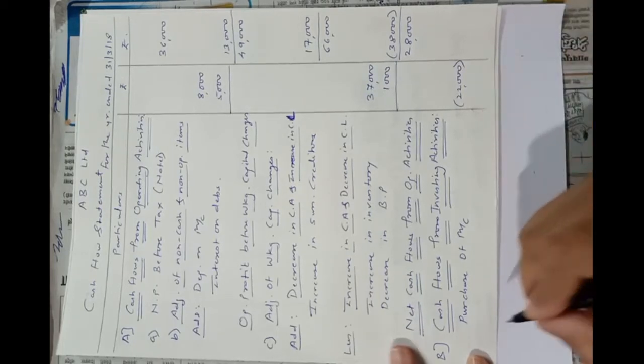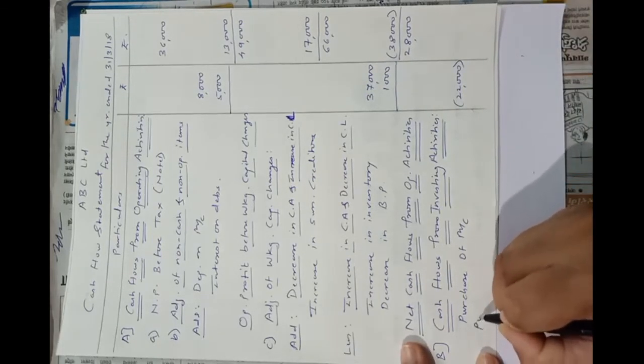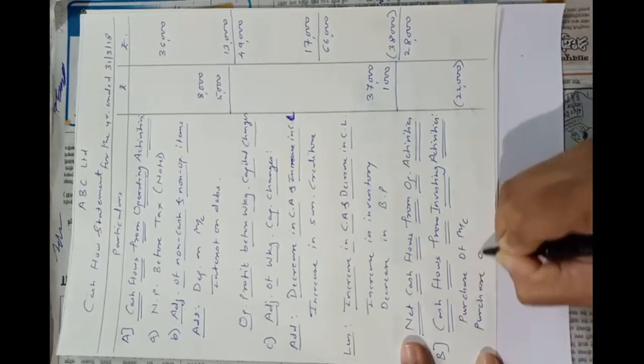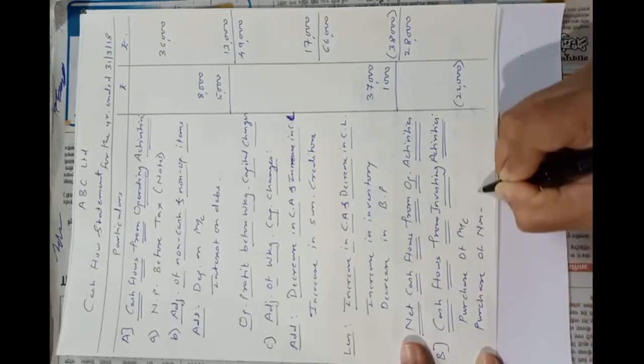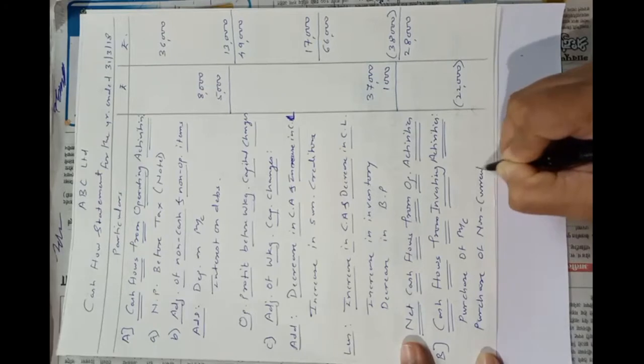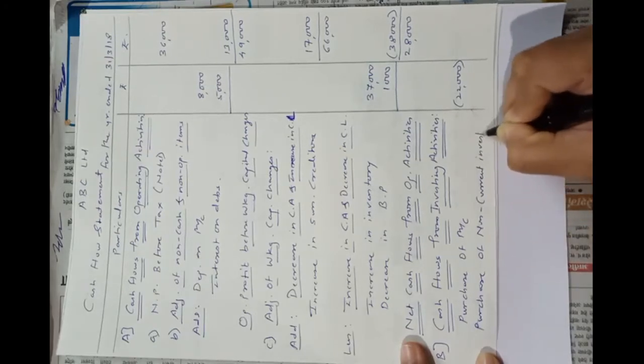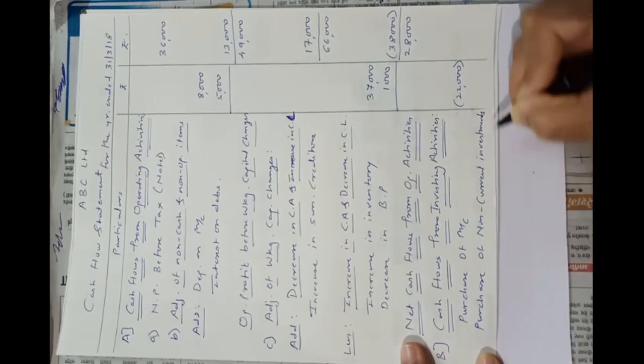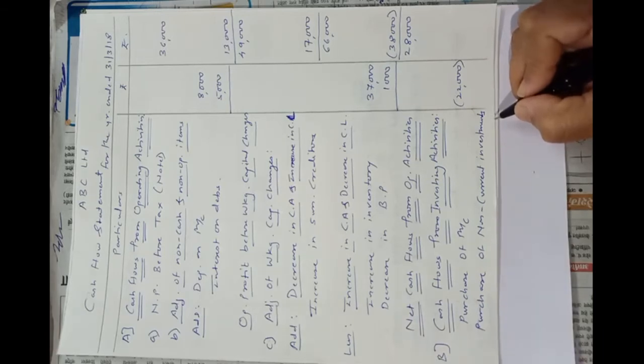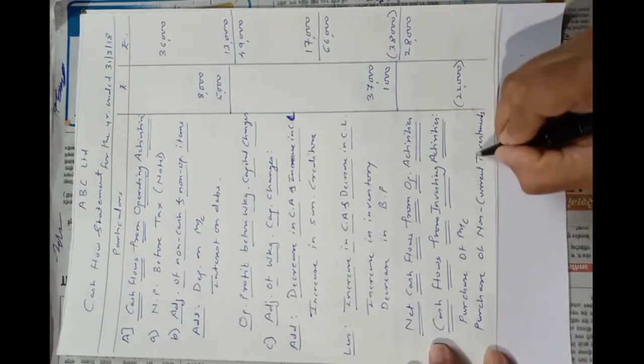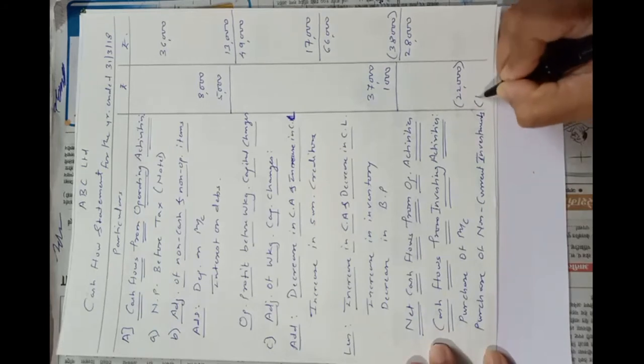Okay, now purchase of non-current investments. See, the non-current investment difference amount is 10,000, so negative 10,000.